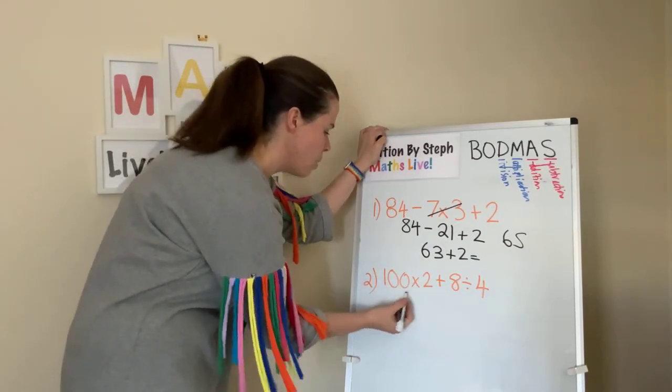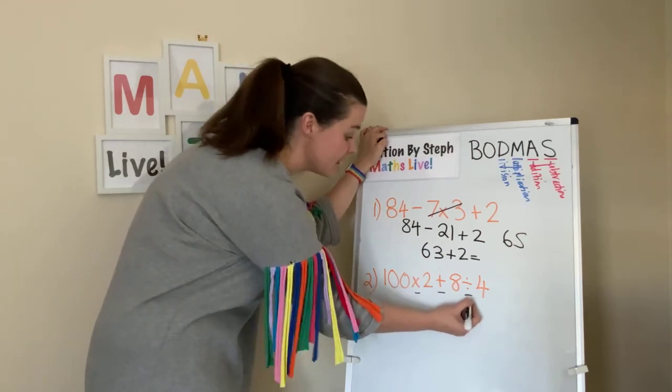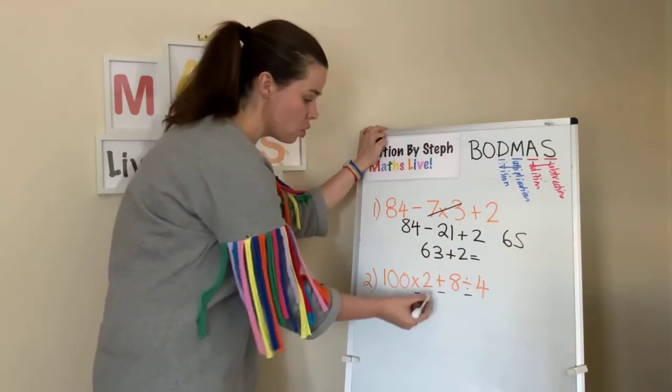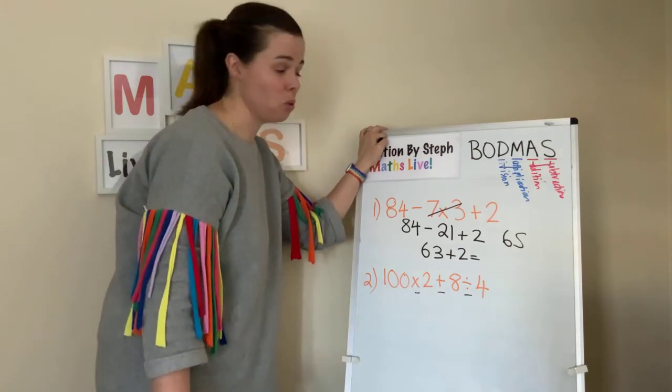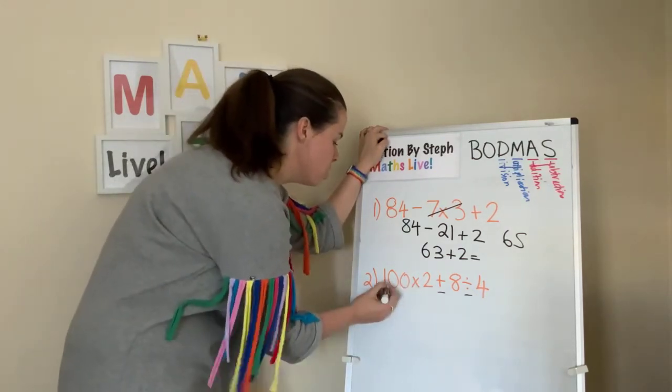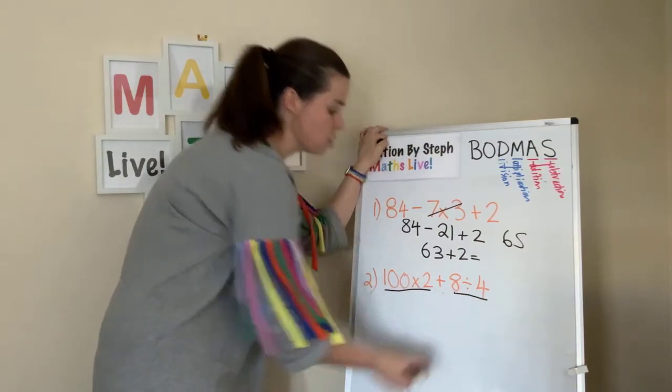And then this one, we've got multiplication, addition, and division. Unfortunately, this addition bit has to be ignored for a bit. We need to do the multiplication and the division parts first.